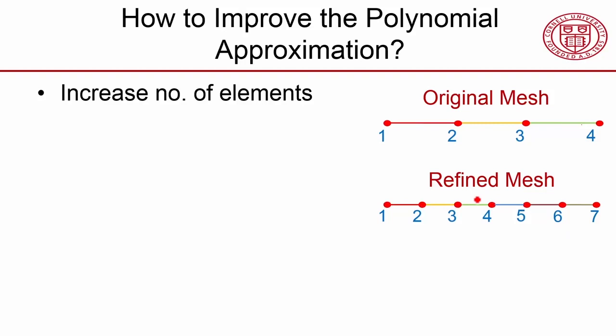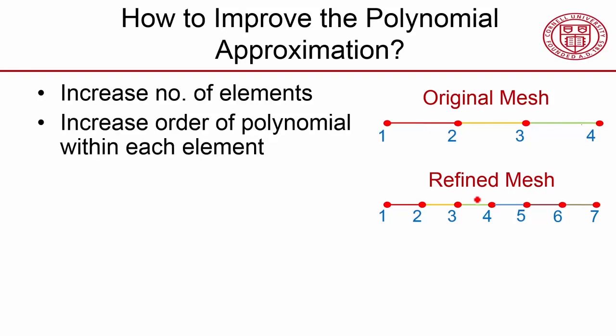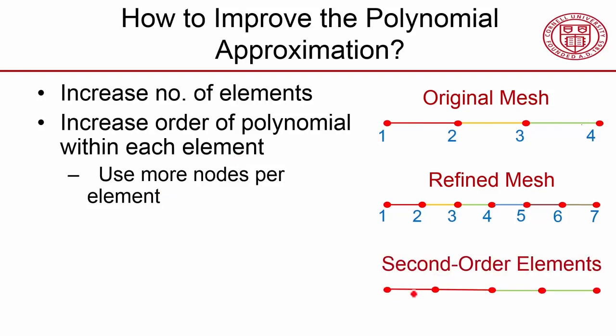The other way to improve the polynomial approximation is perhaps less apparent, which is to increase the order of the polynomial within each element. And you do that by using more nodes per element. Here I've shown a mesh with 2 second-order elements. So this would be the first element, and that would be the second element.